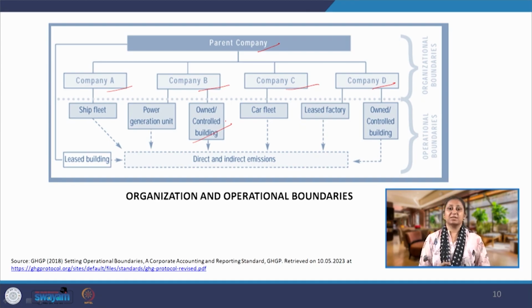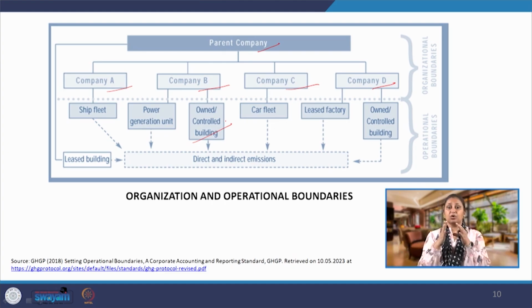I will give you an example. For example, IIT Roorkee has 3 campuses. IIT Roorkee has the main campus, which is situated in Roorkee, and it also has another campus in Saharanpur and a third campus in Greater Noida. Now, as an organization, we have these 3 campuses.